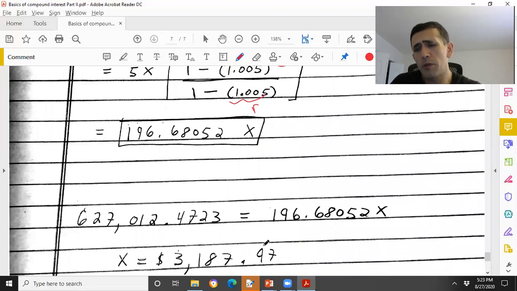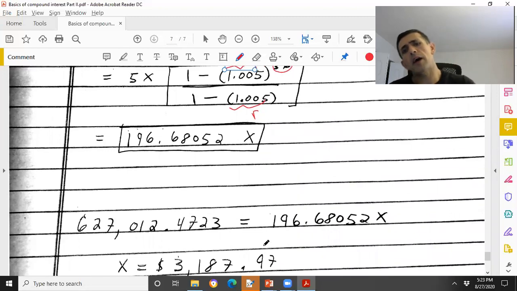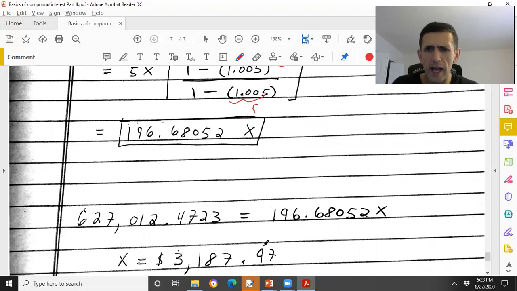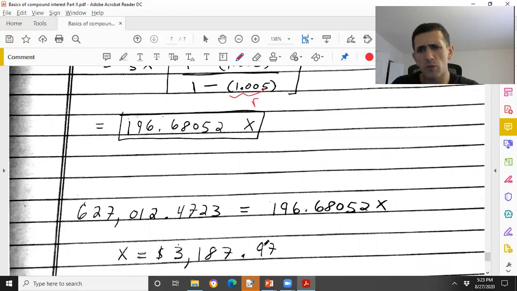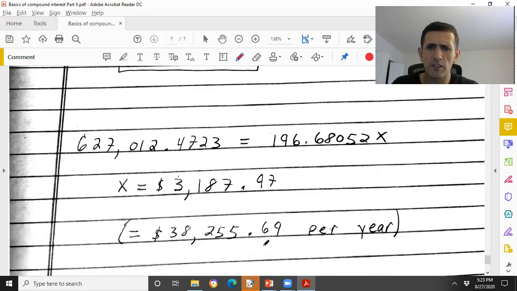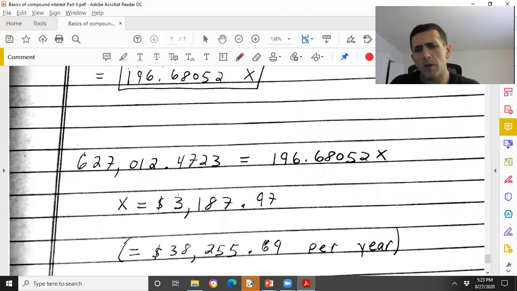So you set these two to be equal. Again, we found the time value of employee costs and we found the time value of machines. Set them to be equal. We get x is $3,187.97. And to put this in a clearer perspective, that turns out to be $38,255.69 per year.